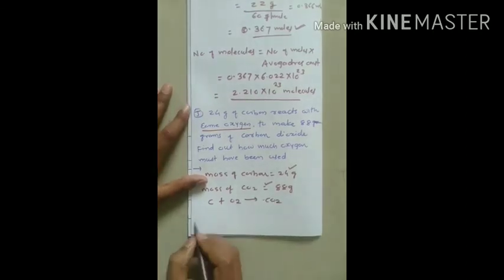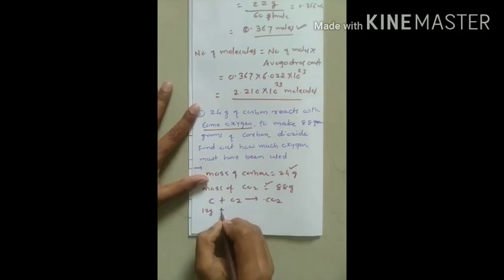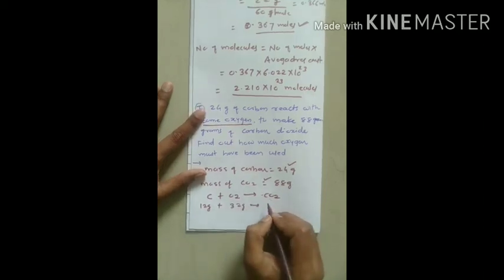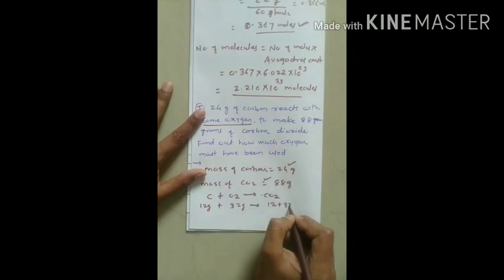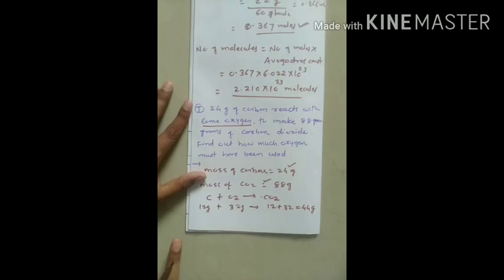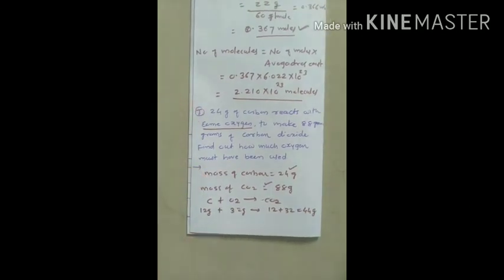Here 12 gram of carbon will react with two atoms of oxygen, and the average atomic mass is 16, so it becomes 32 gram, and we will get 12 gram plus 32, which is 44 gram of carbon dioxide. We are familiar with this reaction from the study of the law of conservation of mass: total mass of reactant is equal to total mass of product.